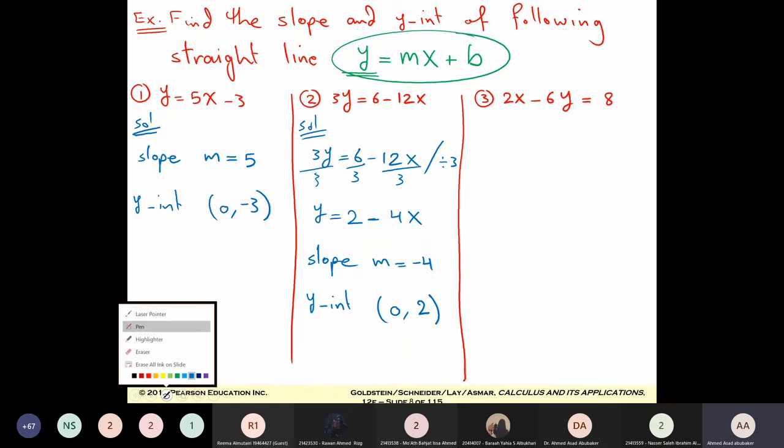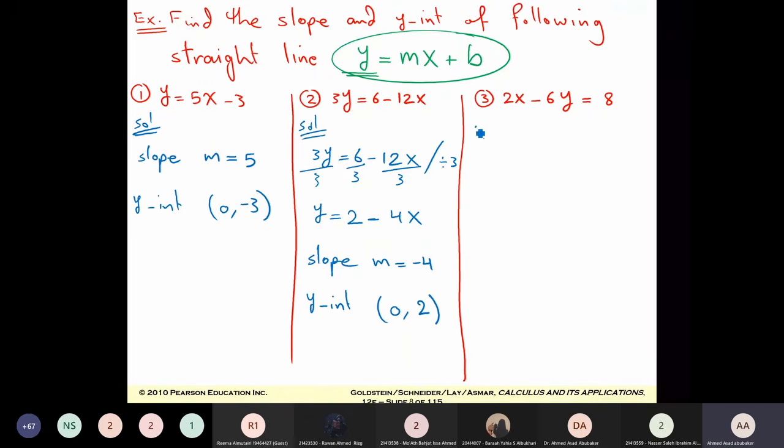Also in the third equation, equation number 3, we have 2x minus 6y equals 8. Firstly move the 2x to the other side, so we have minus 6y equals 8 minus 2x.